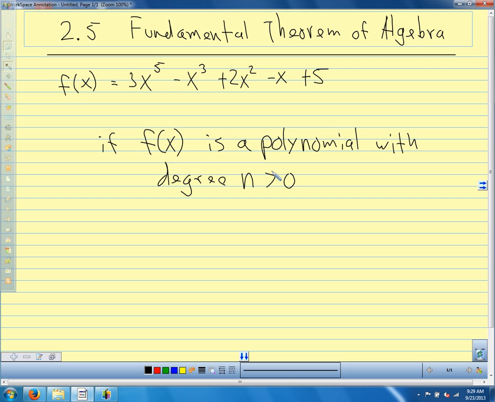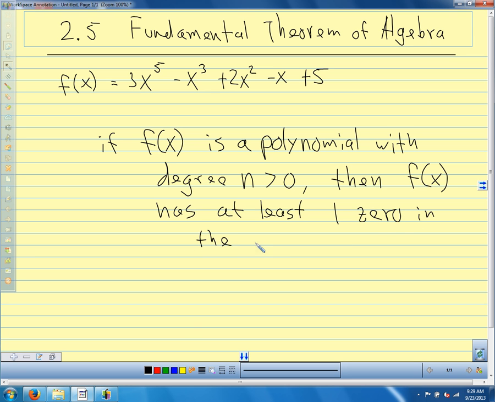We're not talking about negative exponents. All of our exponents are positive. So if f of x is a polynomial with degree n, the fundamental theorem of algebra tells us then f has at least 1 zero in the complex numbers.